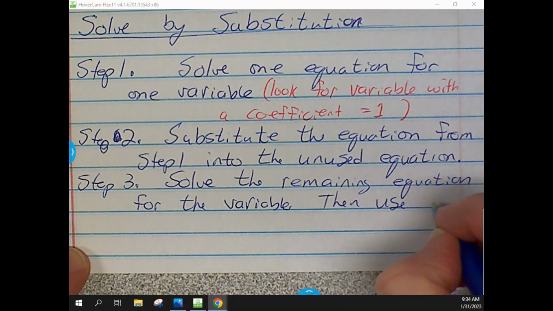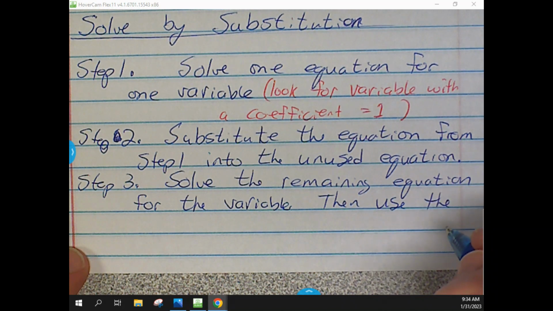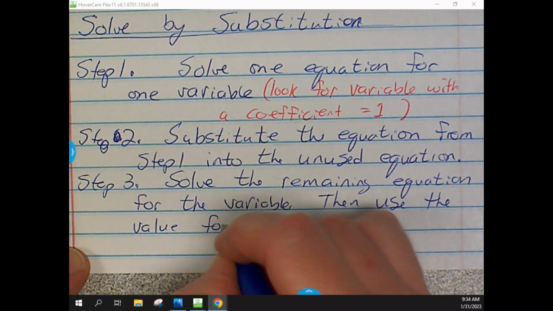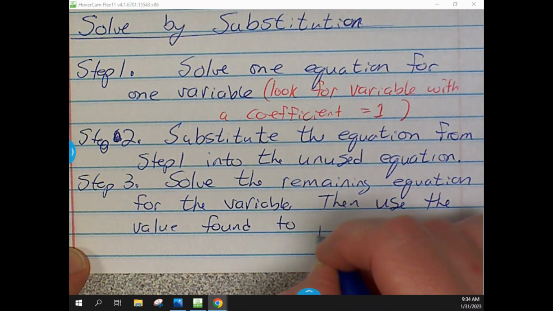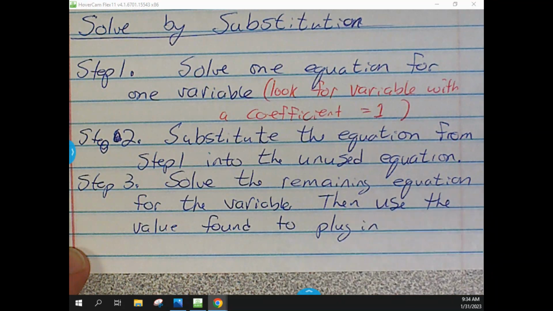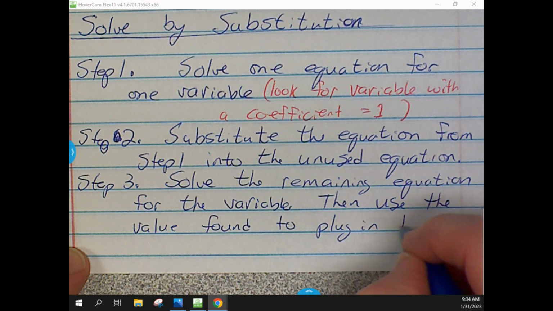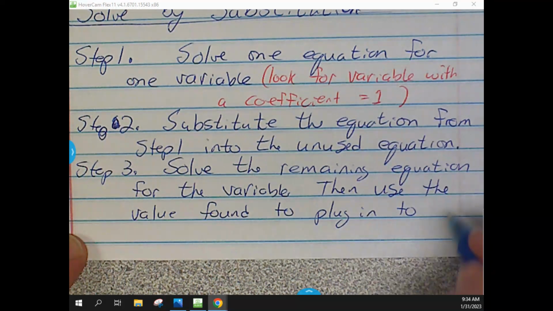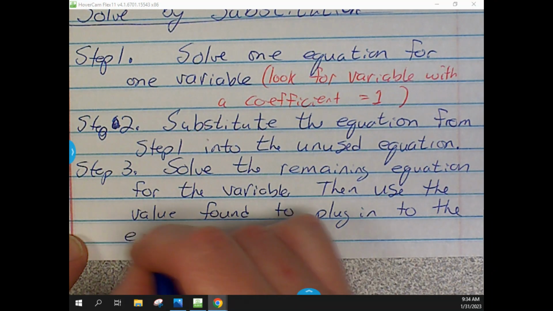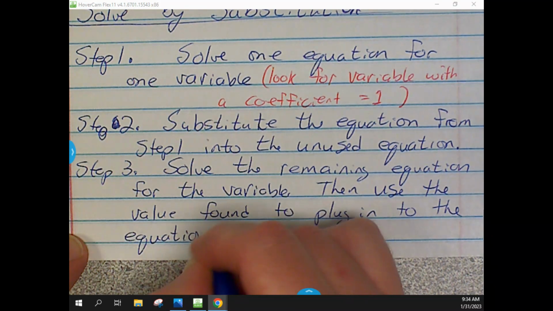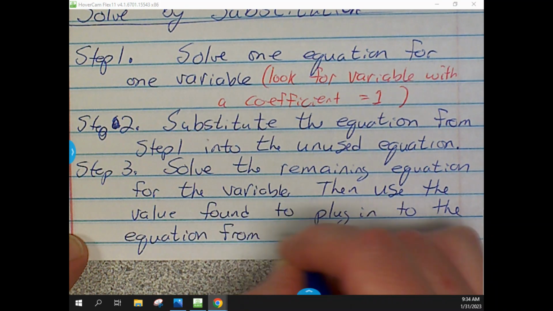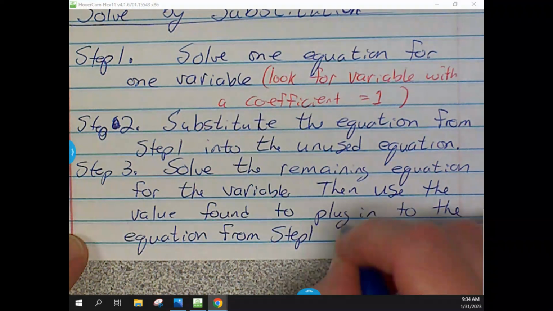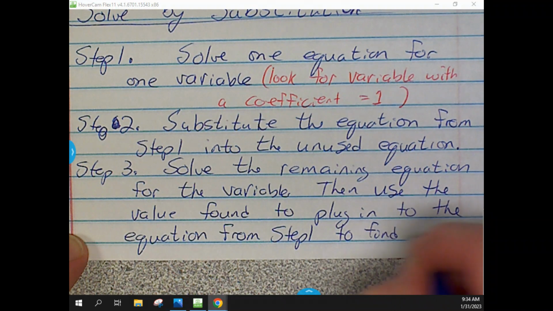Okay, and then you're going to use the value found to then plug it back in, and this is one where you want to go back and actually use your equation from step one, to then find the second variable.